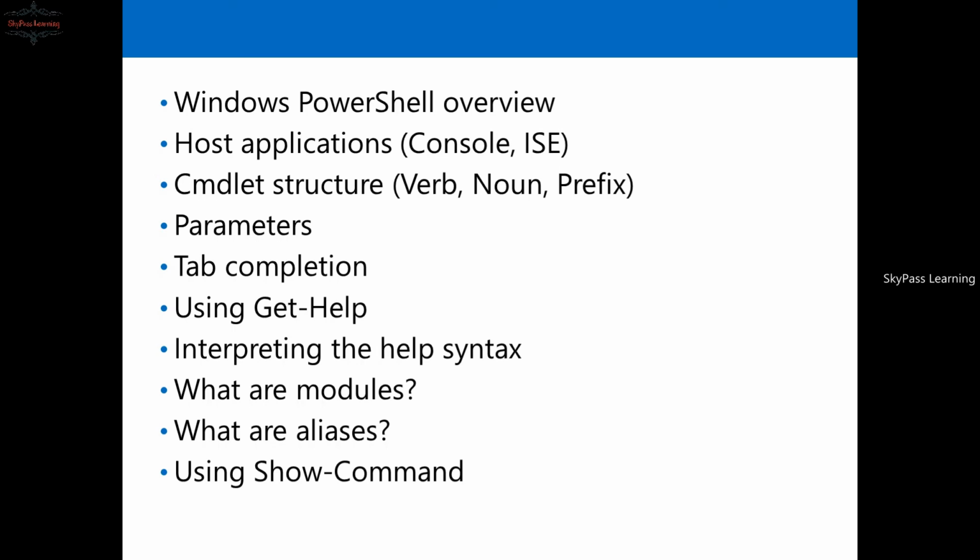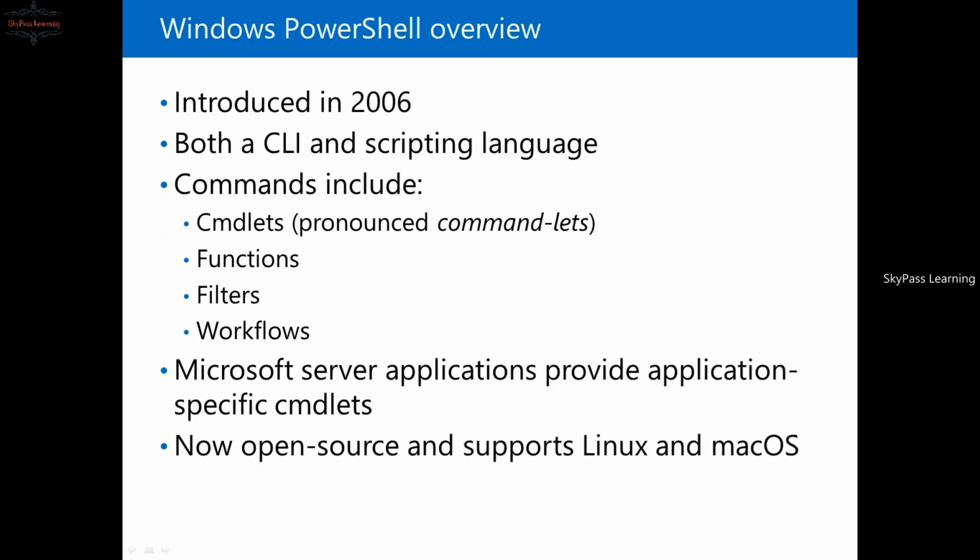Then parameters, how you can pass the parameters or argument values, how to get command completion through Tab, how you can use Get-Help, and how to understand the help syntax, what modules are, aliases, and the Show-Command. So we will cover all these topics. Let's begin, and I will show all the lab instructions along with these theoretical concepts.